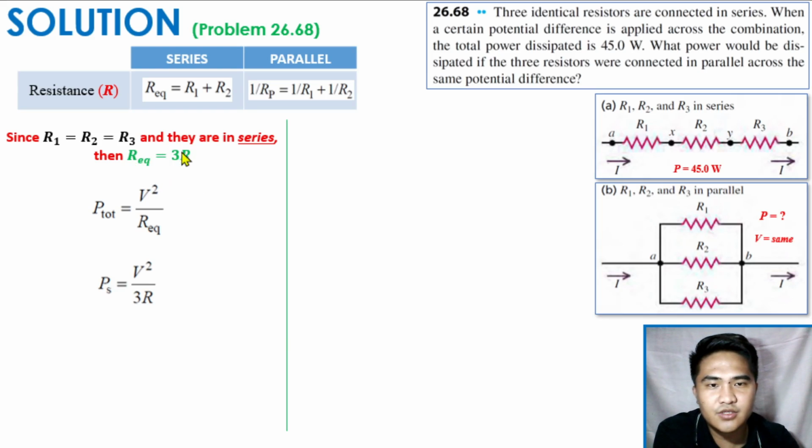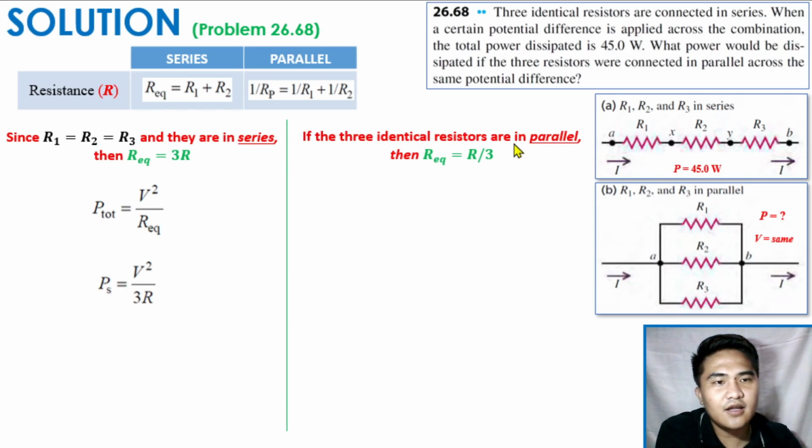Since our Req is 3R, we can substitute it and get PS, or the power in series connection, is equal to V squared over 3R. Next, if the three identical resistors are in parallel, by applying this formula, we will get Req is equal to R over 3. Using the same formula for power, P total is equal to V squared over Req.